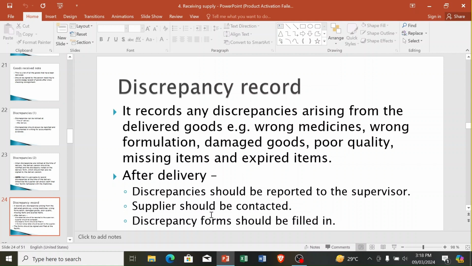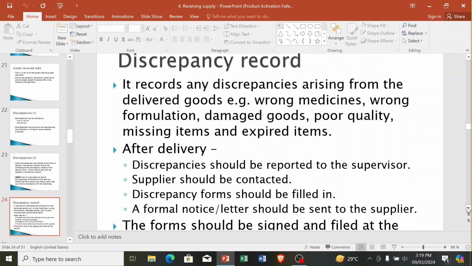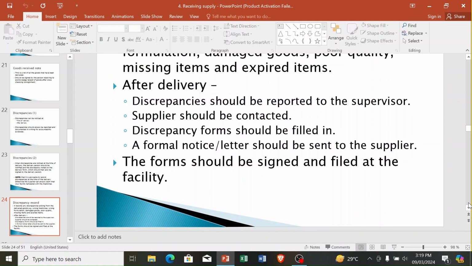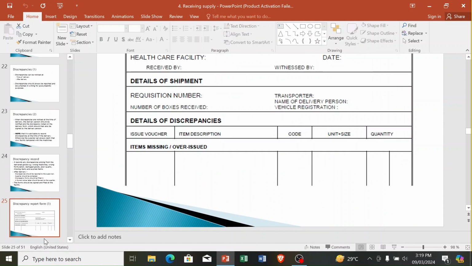After delivery, discrepancies should be reported to the supervisor. Suppliers should be contacted. Discrepancy forms should be filled in, and then a formal notice or a letter should be sent to the supplier. The forms should be signed and filled by the facility. Okay, the forms that we are going to send to the supplier.